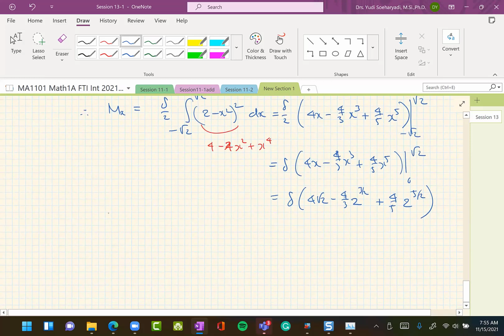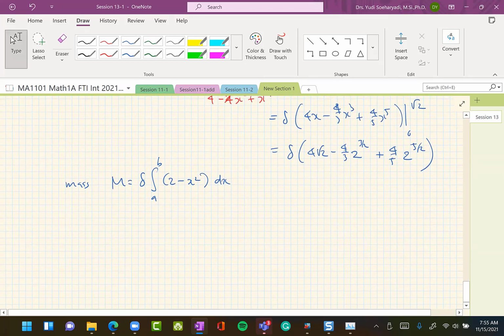All right, and the mass, well, compute it directly as the integral. Density times area. Area is just 2 minus x squared.